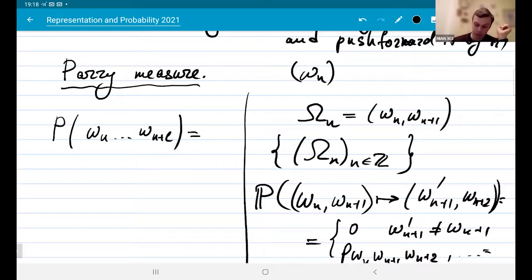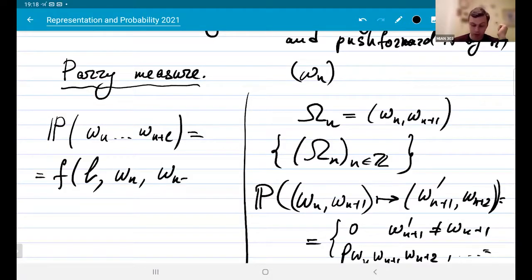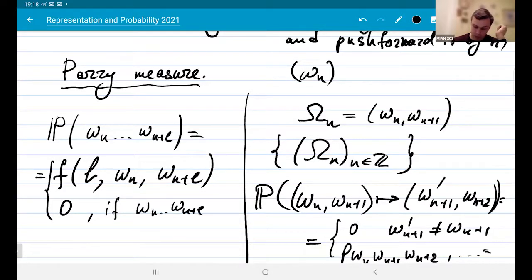And this probability is some function that depends only on three things. First of all, on the length of the sequence. Secondly, on the initial state, and thirdly, on the final state. Well, of course, it is 0 if the sequence is not admissible.